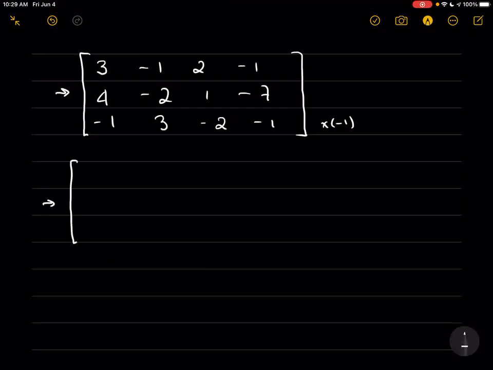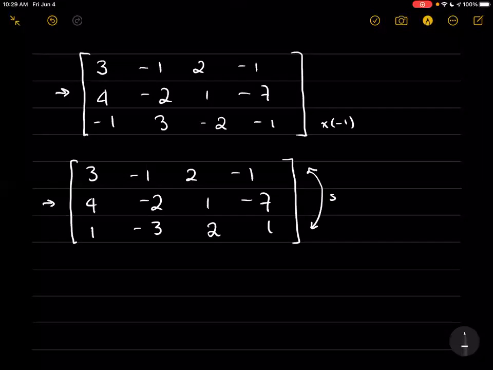So that'll get 3, -1, 2, -1. So the first 2 rows are the same, and then we flip the signs on the bottom row, so we get 1, -3, +2, +1. Okay, now I'm going to move that 1 up. So I'm going to swap the first and third rows.